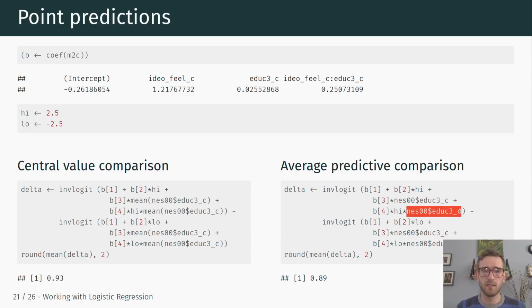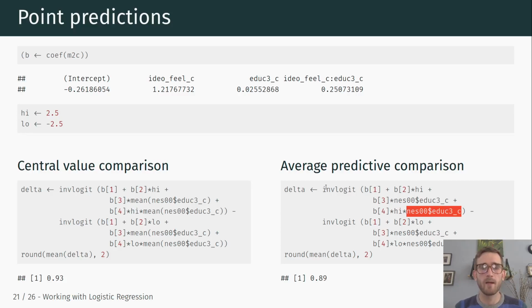And basically now compute a set of observations, I don't know exactly how many are in our sample, I think around 1,200 respondents. So now we basically compute 1,200 predicted probabilities for ideology being equal to 2.5 and ideology being equal to minus 2.5.